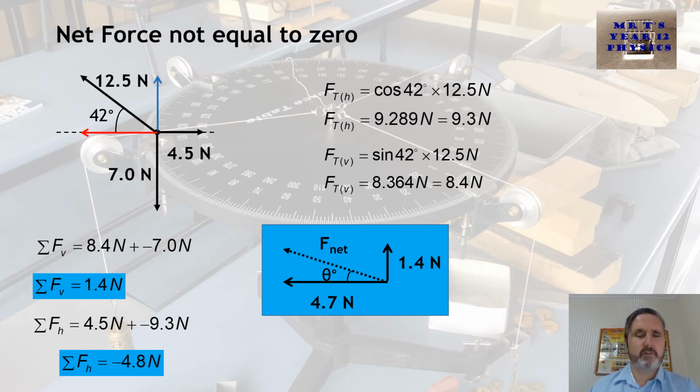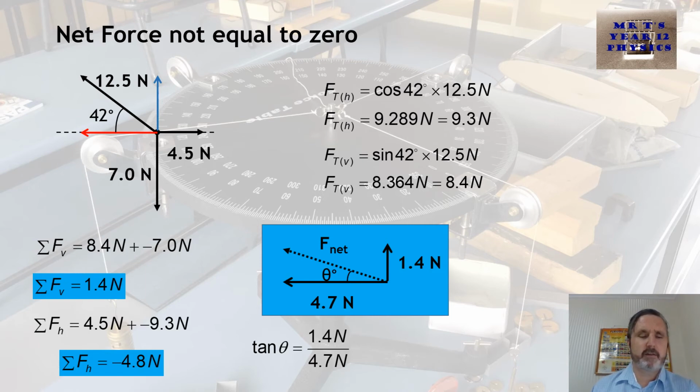Or sorry, let's do the angle first. We can calculate the angle using tan theta equals opposite over adjacent. So the opposite side of our right angle triangle here is 1.4, the adjacent is 4.7. I have to get the tan away from the left hand side, so I multiply both sides by the inverse of tan, or tan minus 1.